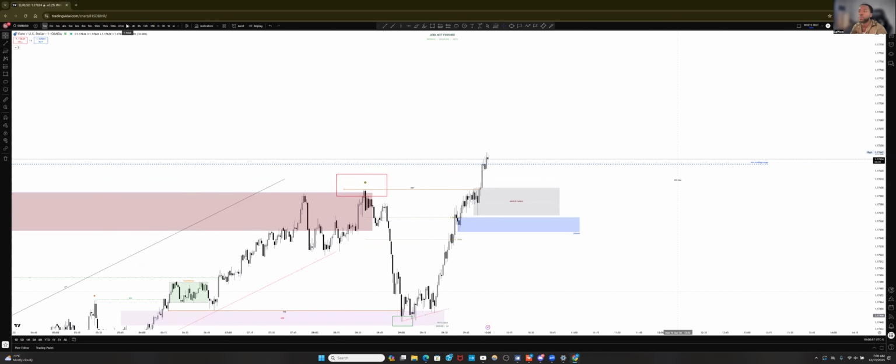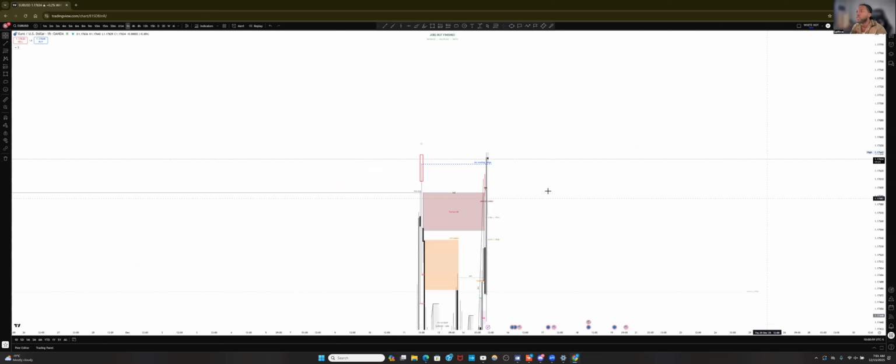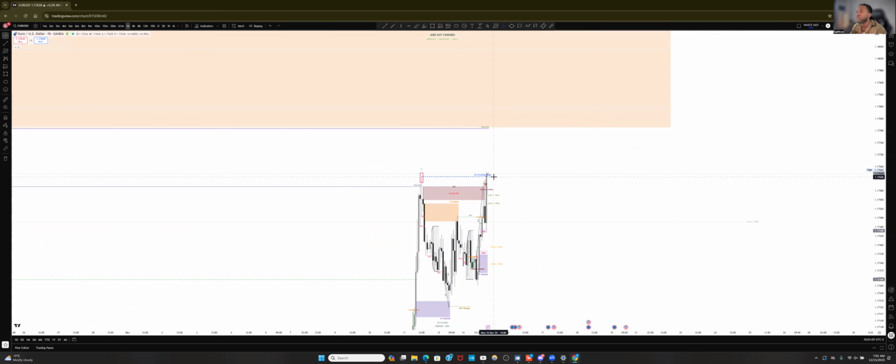Let's go to the 1 hour. Strong bullish body close. So we know that the bulls are still in control. And then we're gonna do this bullish POS. And let's see, 15 minutes.